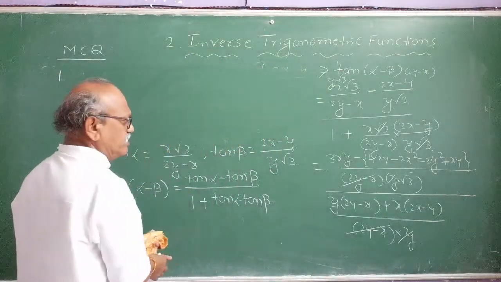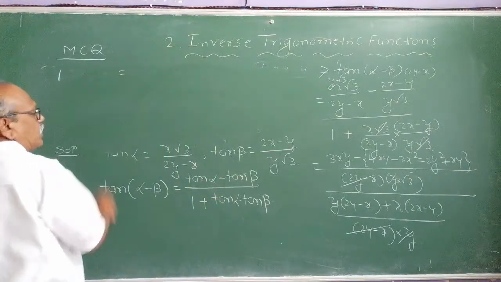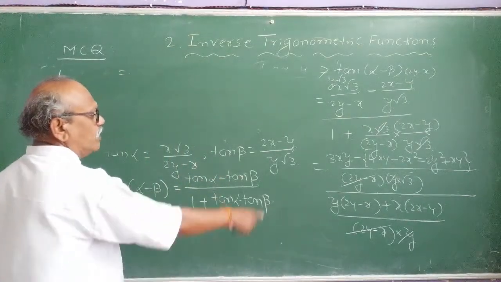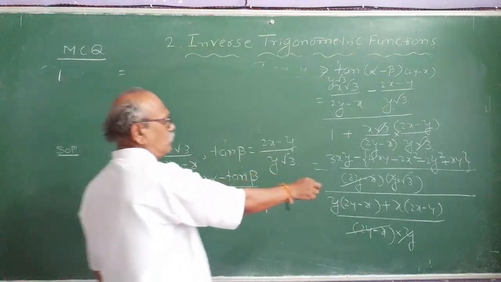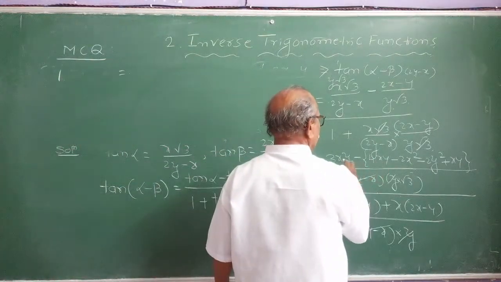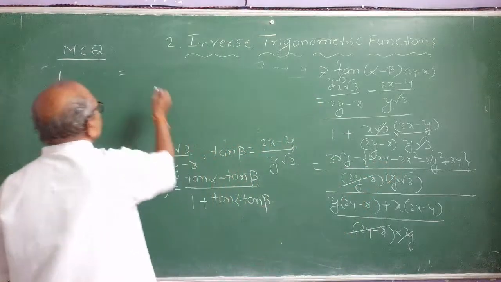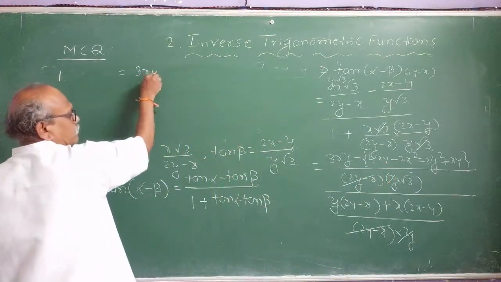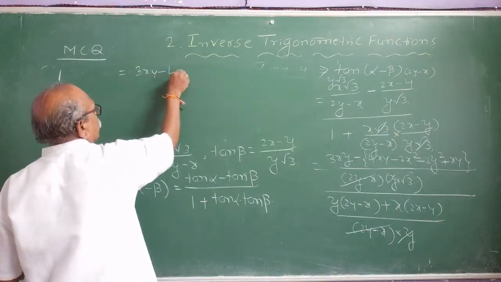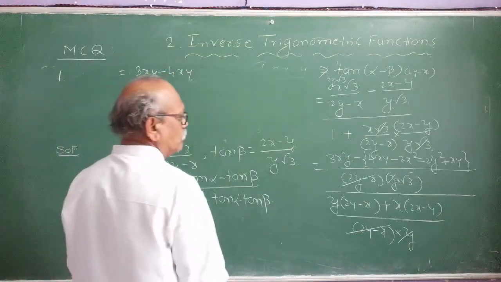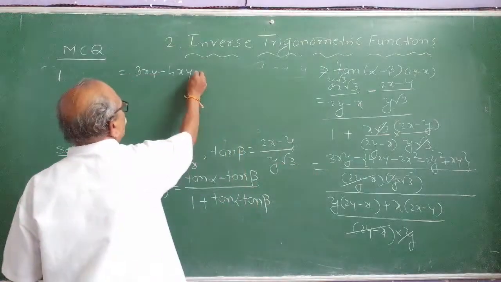After taking LCM, remove the bracket. What do you get here? 3xy. Remove the bracket. You get 3xy minus 4xy minus 2x square.